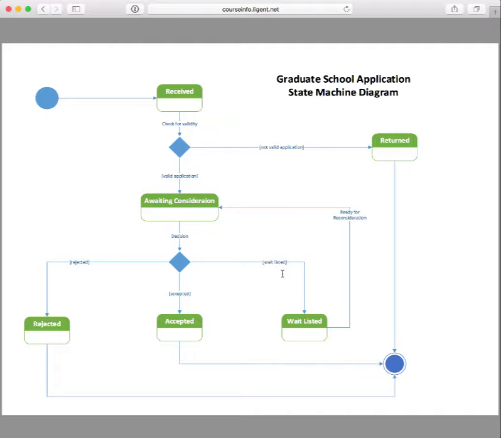So in my model, okay, the first time we know about the application, the first time it becomes a real application to us, because we're the school, okay? I've done this from the graduate school point of view, which is where I've more recently been, okay? When we begin, we've received the application, okay?